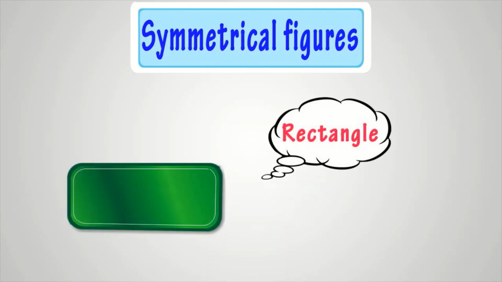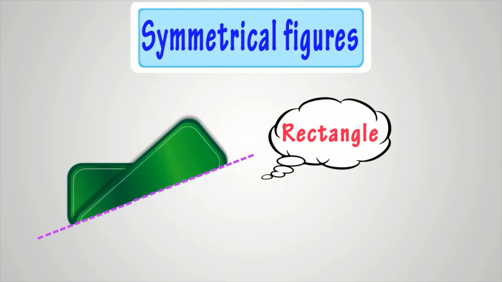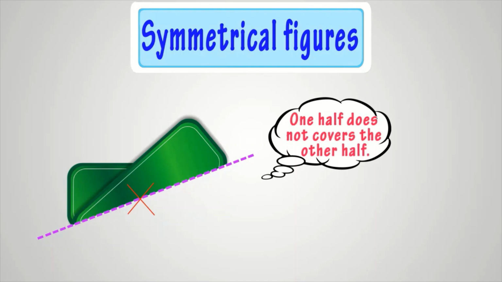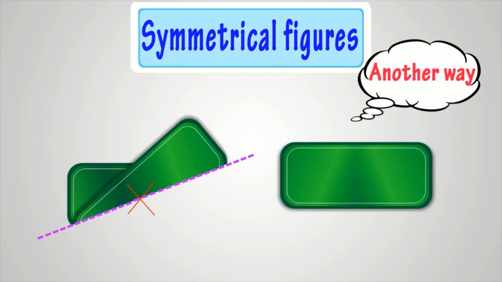Here is a rectangle. Let's fold this rectangle halfway. If we fold it here, it does not work. One half does not cover the other half. So let's try another way. Let's fold it this way.